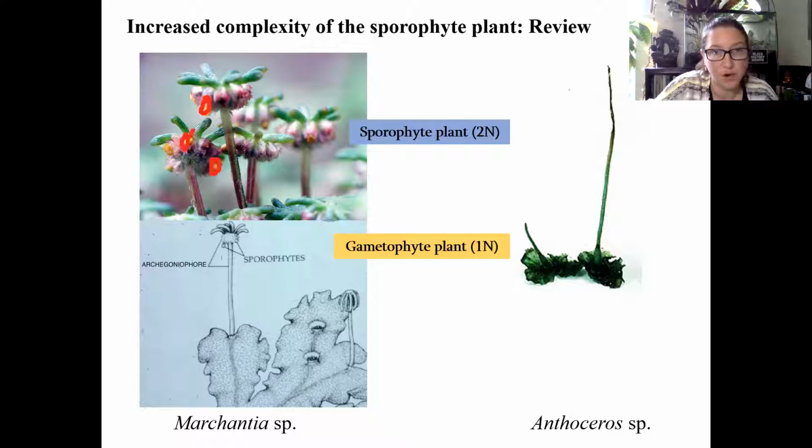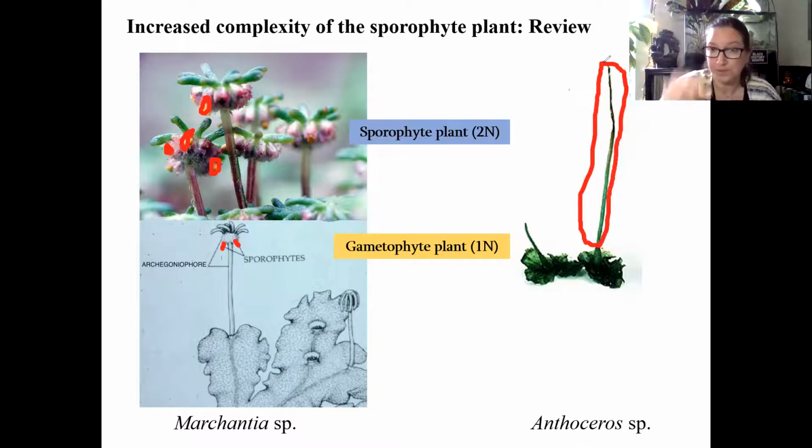These are sporophyte plants hanging down. Look. Sporophyte plant, hanging upside down like a bat, on your liverworts. All the other structures you see there are the gametophyte plant. And then where is the sporophyte plant on this hornwort? It's this horn.